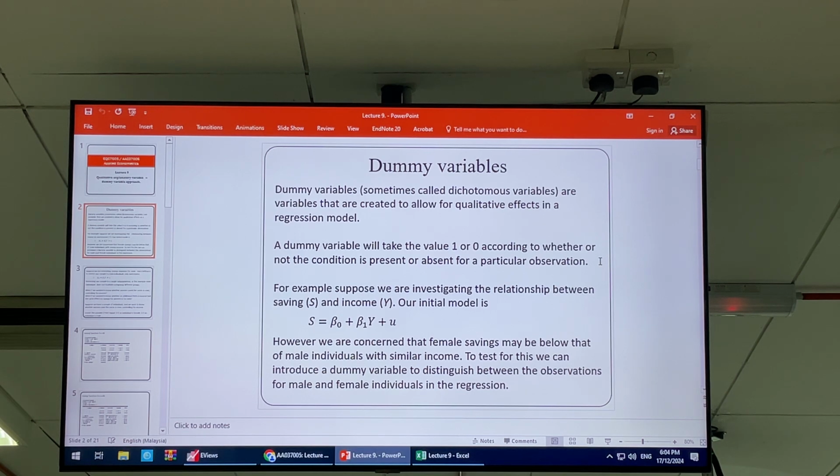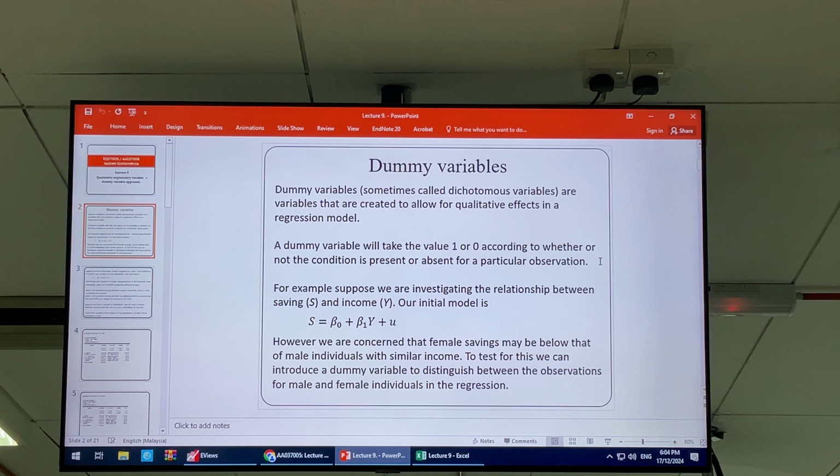The dummy variable will take the value 1 or 0 according to whether or not the condition is present or absent for a particular observation. If the condition is present, we assign 1. So we create just one variable that consists of only two values, 1 or 0.